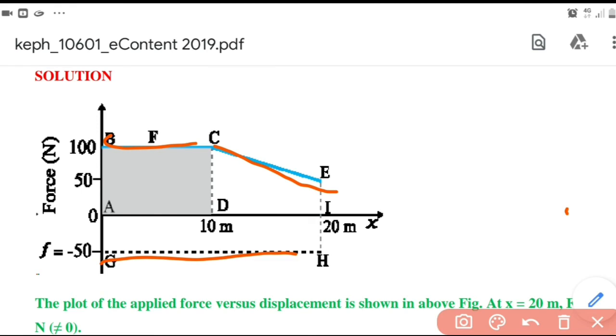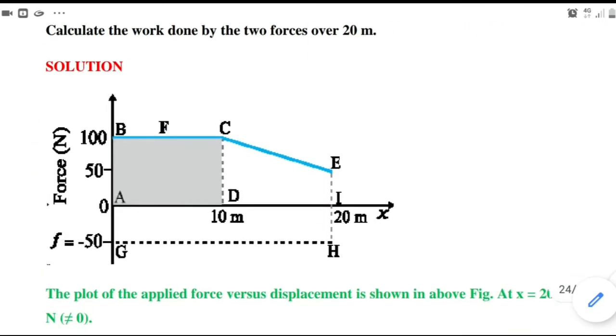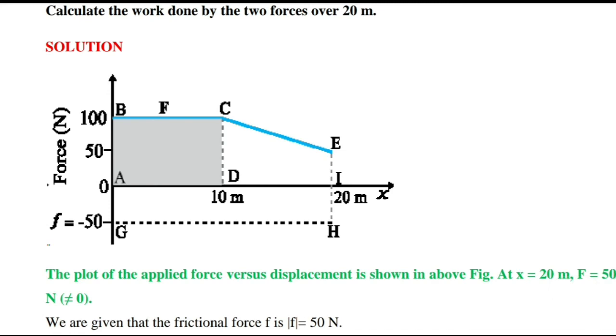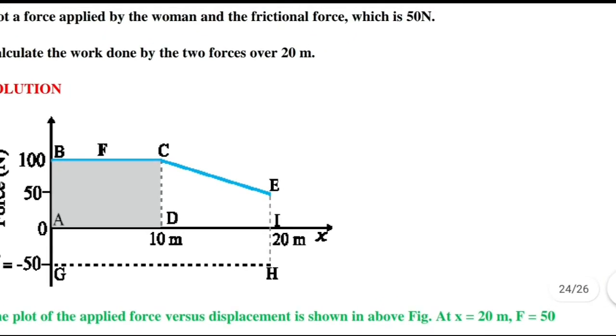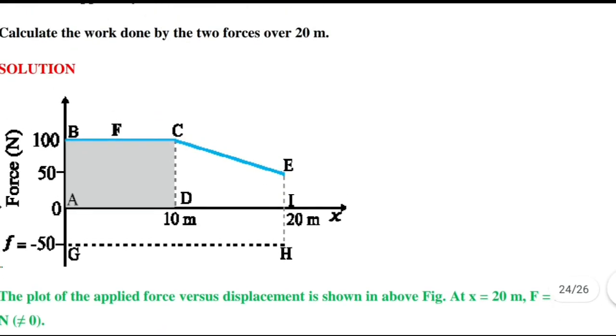Now we are asked to find the work done by the applied force and the work done by the frictional force over the distance 20 meter. Let's first discuss work done by the applied force. When we discussed the force displacement graph, we already said the area under the graph gives the work done. Here it is easy to find that area.